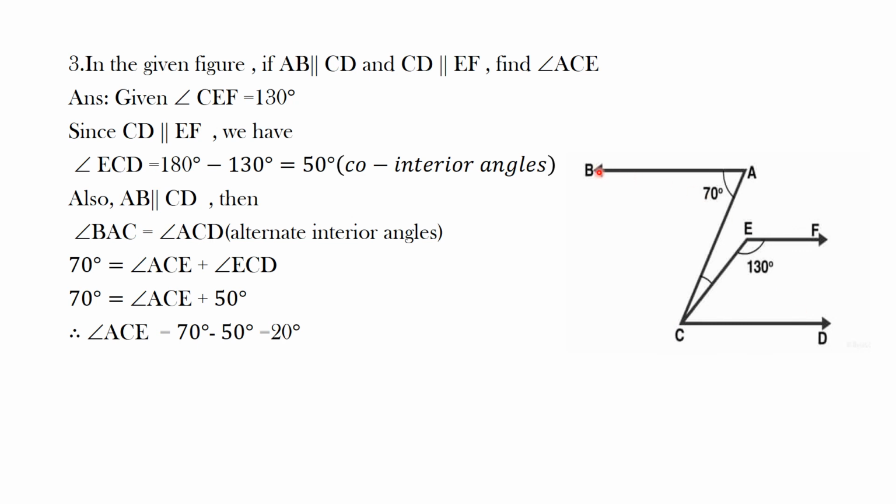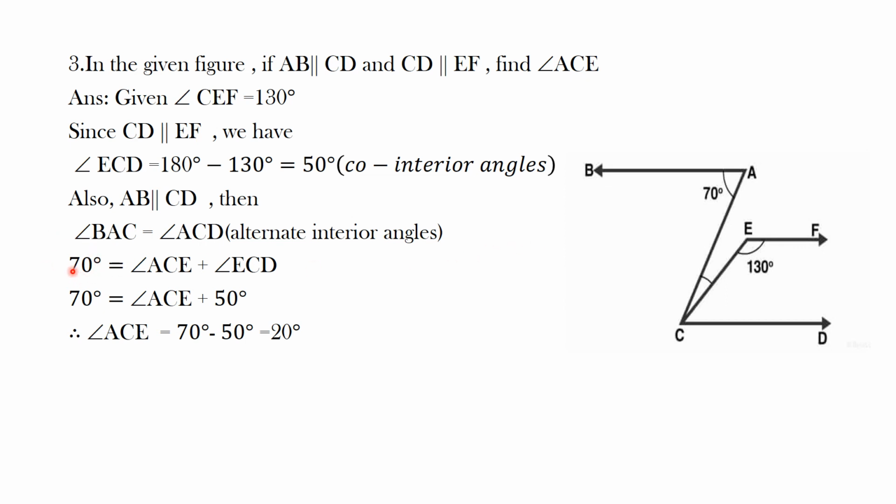We can say since AB and CD are parallel, the alternate interior angles are equal, which implies BAC equal to ACD. Alternate interior angles are equal if the lines are parallel.